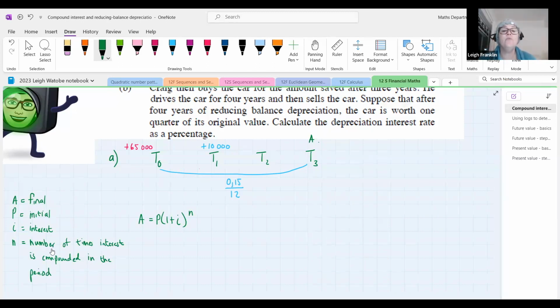So in other words, if the interest is compounded twice a year for 4 years, what's the value of n? Exactly, Kaniso. So it's not 8 years, it's the number of times it was compounded.